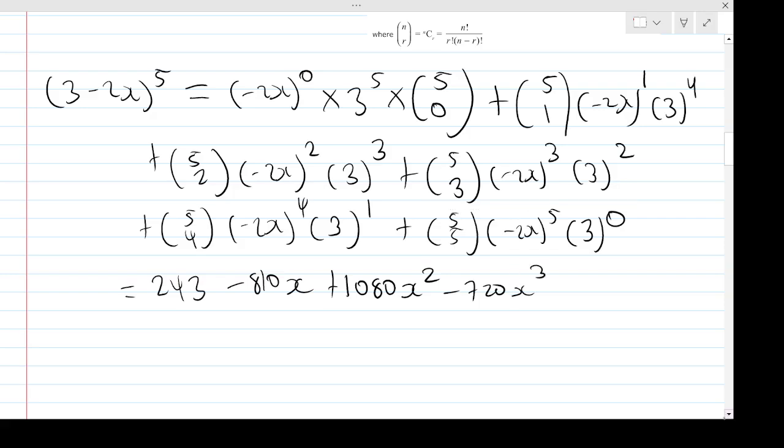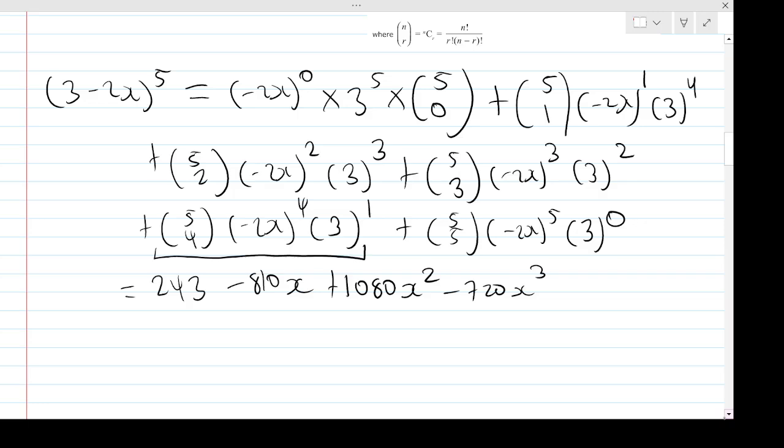Then we have this part here, so then we have 5 choose 4, which should be 5, and then minus 2x to the 4, well that's x to the 4, but minus 2 to the 4, and so that'd be 80 overall. Yes, okay, we have 80.